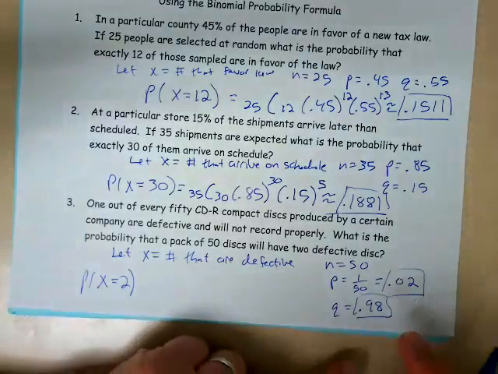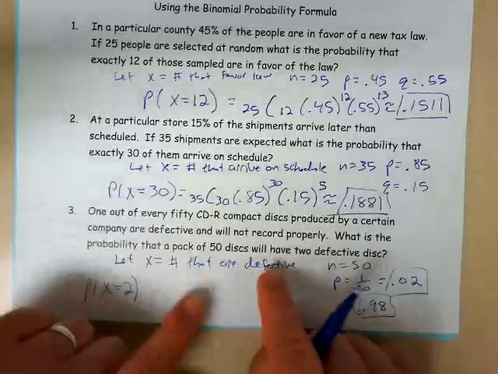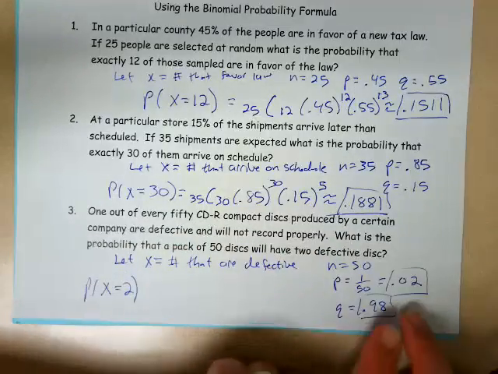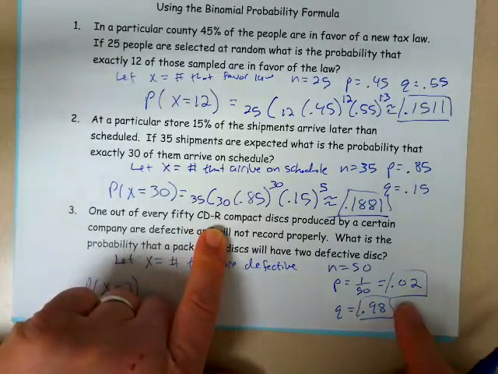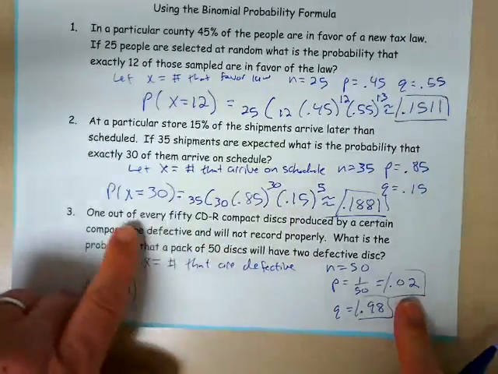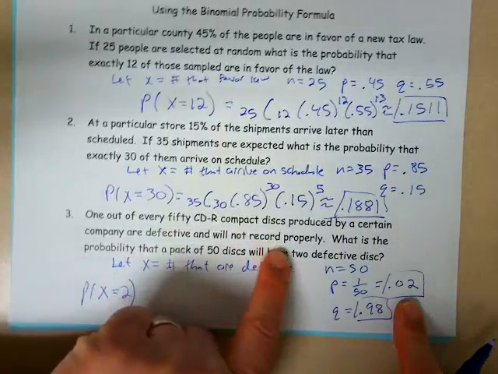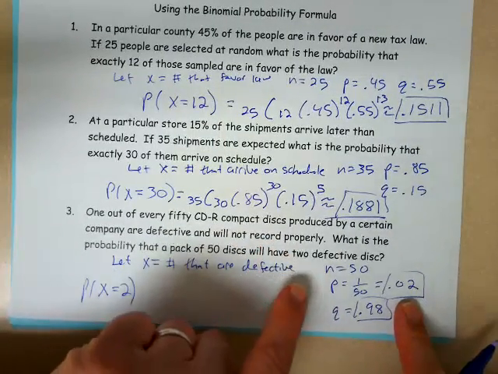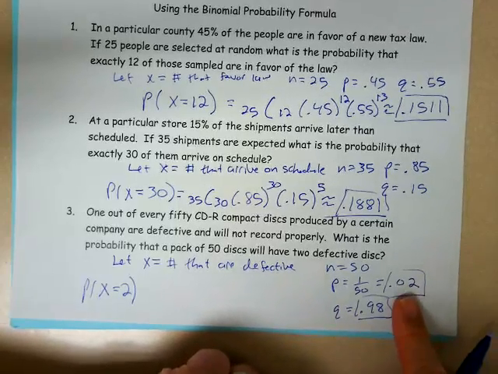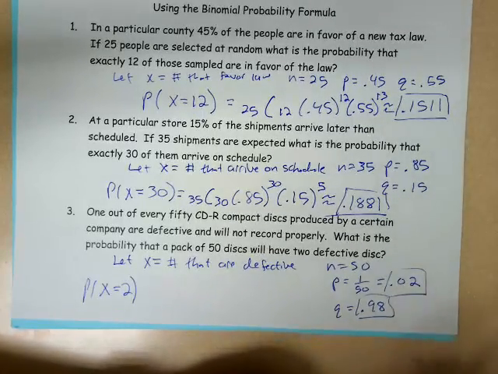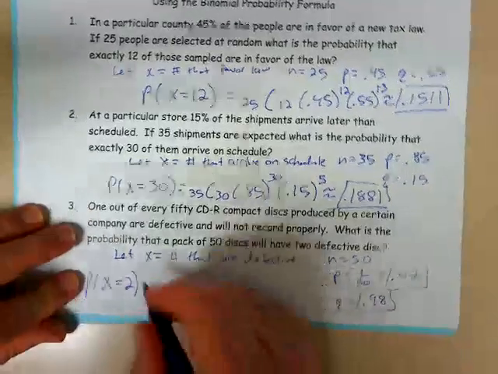What makes this tricky is just the 50 here and the 50 there and the wording. If I had said 2% of the discs are defective, what's the probability that a pack of 50 will have 2 defective discs, it probably would have been a lot easier. You would have known P is 0.02, Q is 0.98, and so on.